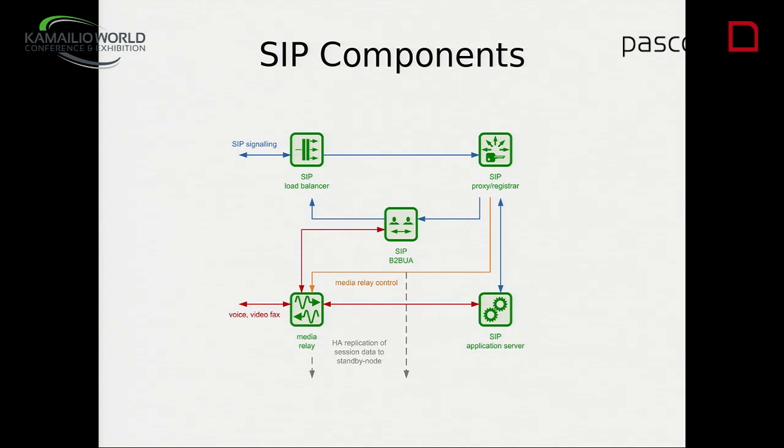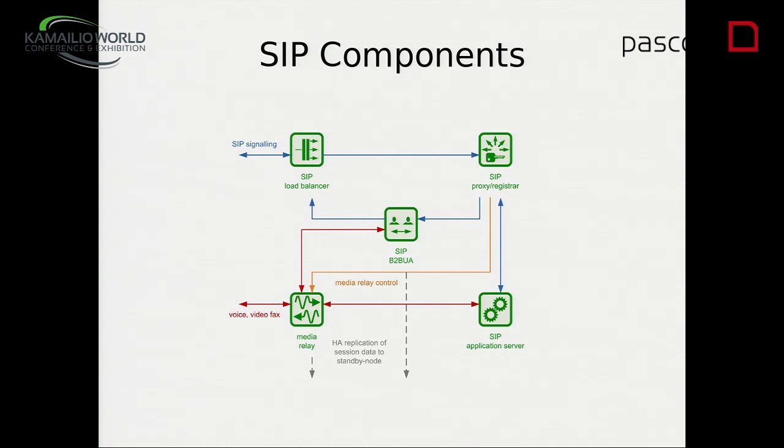Voicemail is the only feature done by Asterisk. Then we have the media relay, which is basically RTP engine.